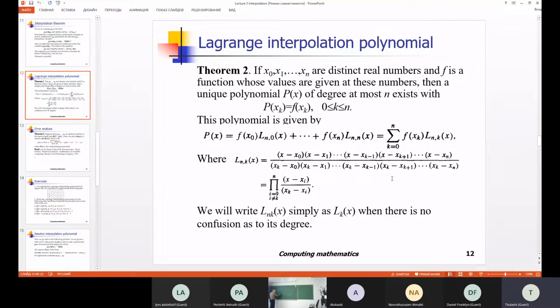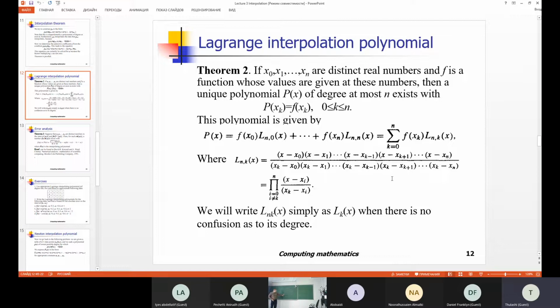L1 of x0. It's very simple. If you substitute x0, it's 0, because this is 0. L2 of x0, 0.